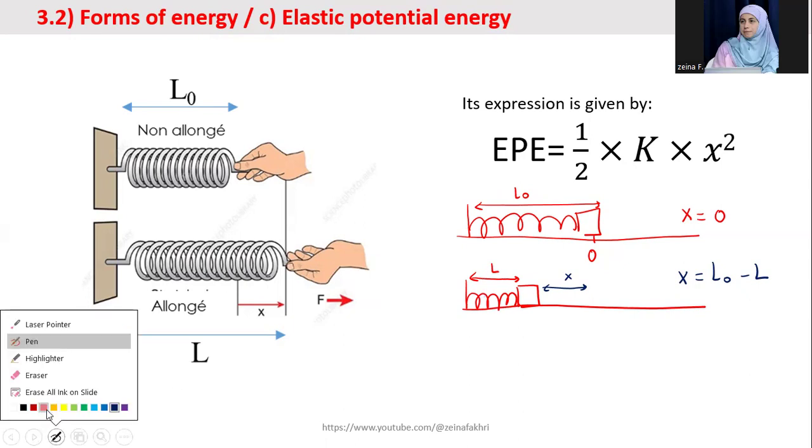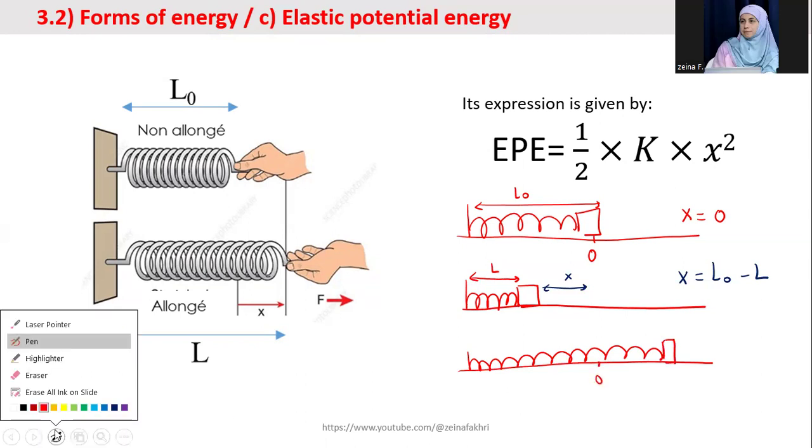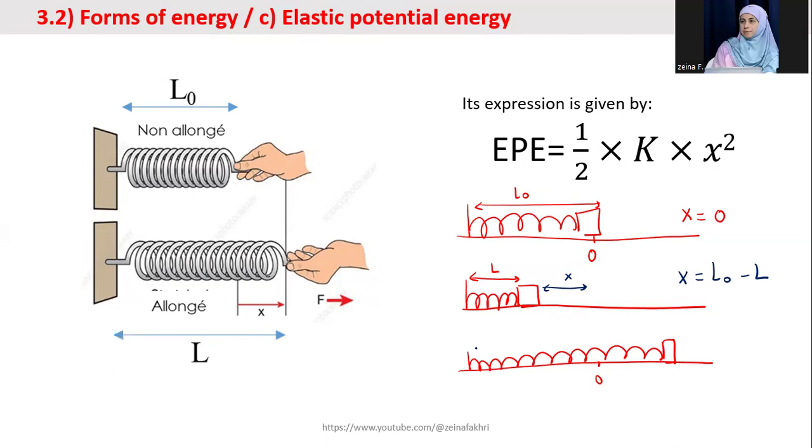Now, we can elongate the spring. So if the spring reaches its maximum elongation, let's pause here. This means we also have a new length. This is the new length of the spring, and we have a certain variation. Here is the variation, since here is the equilibrium position. So this is the variation, we call it x.